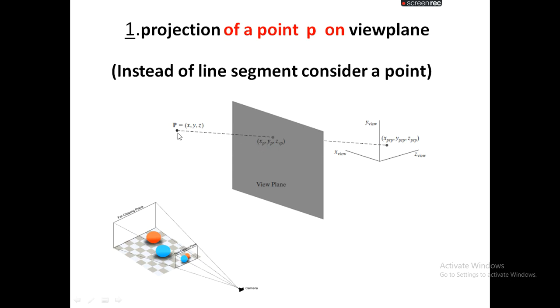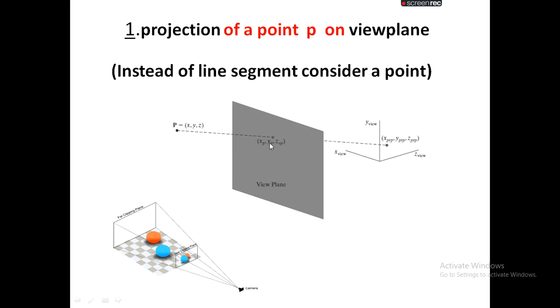So P is a point with coordinates x, y, z present in the space. When you project this point P onto the projection plane, its coordinate will become P dash, where P dash is (xp, yp, zvp).